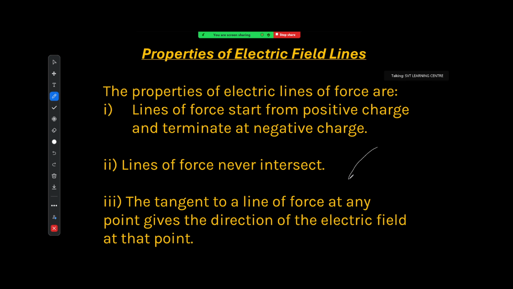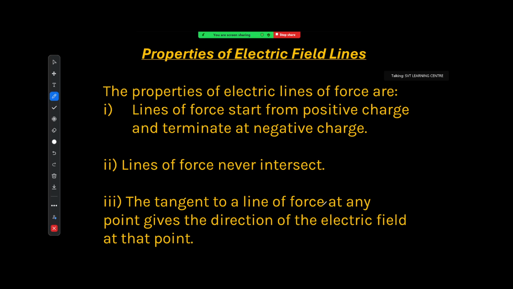Let us say this is one electrical field line and this is another. Let us say it is intersecting here and we draw two tangents, one here and one here. So you see you get two electrical fields, which is not possible. So we conclude that electrical field lines do not intersect.